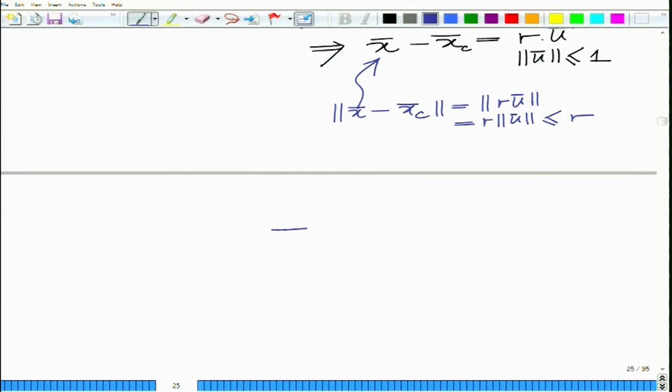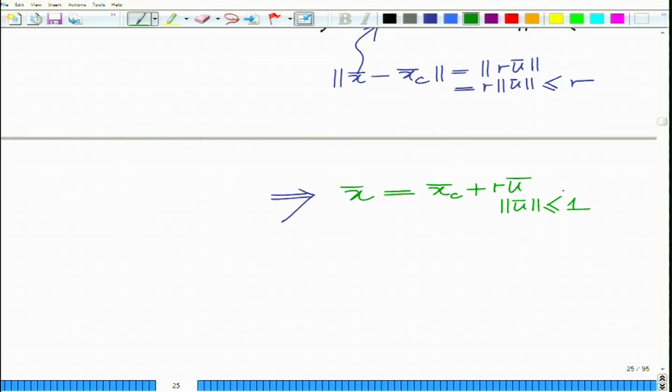So, such a point x bar will lie in the interior of the ball, which implies that x bar equals x bar c plus r times u bar, such that norm u bar is less than or equal to 1, lies in the interior of the ball.